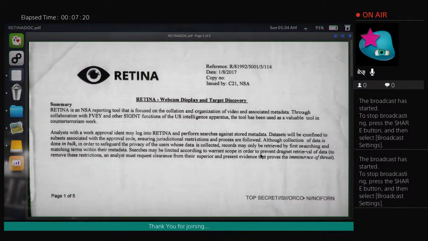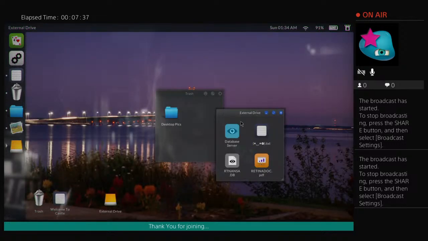Although collection of data is done in bulk, in order to safeguard the privacy of the users whose data is collected, records may only be retrieved by first searching and matching terms within the metadata. So okay, basically it tells me how to use this tool. I got it. Been using it. Okay.